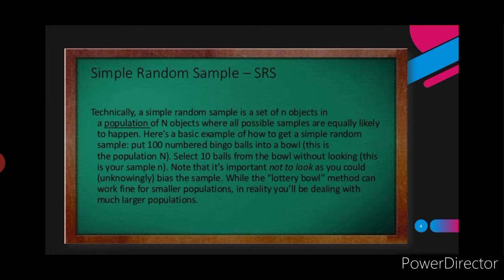For example, we put 100 numbered bingo balls into a bowl, which is the N population. When we select 10 balls from the bowl without looking, that is your n sample. It is important not to look as you could bias the sample. Random gani, so dili jud tan-awon ang atong na-select nga mga sample para dili siya bias.